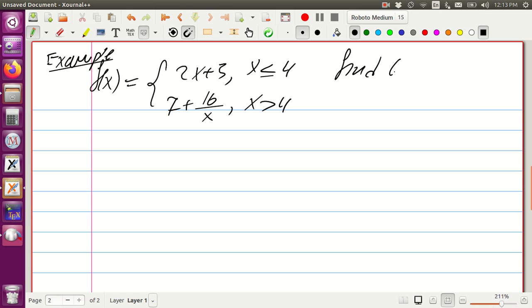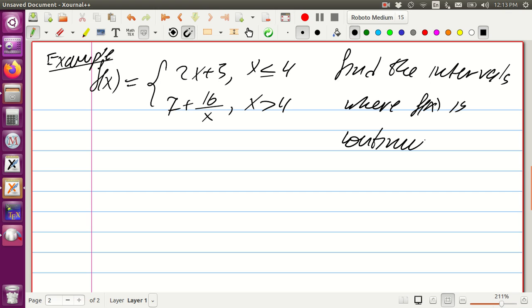Find the intervals where f of x is continuous. All right, so we have to find the intervals where this function is continuous.